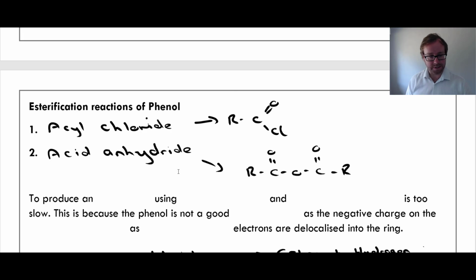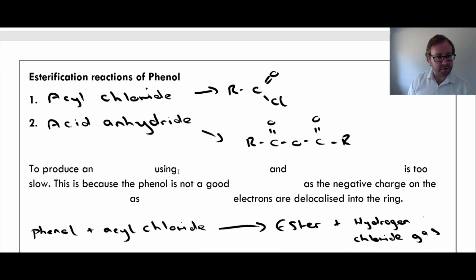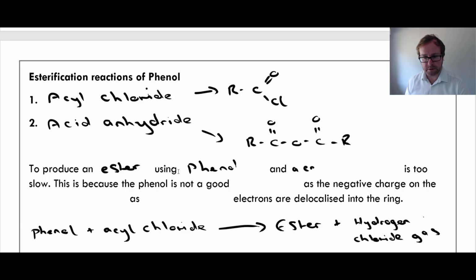Okay, so moving on. To produce an ester using phenol and a carboxylic acid is too slow, and this is because phenol is not a good nucleophile.